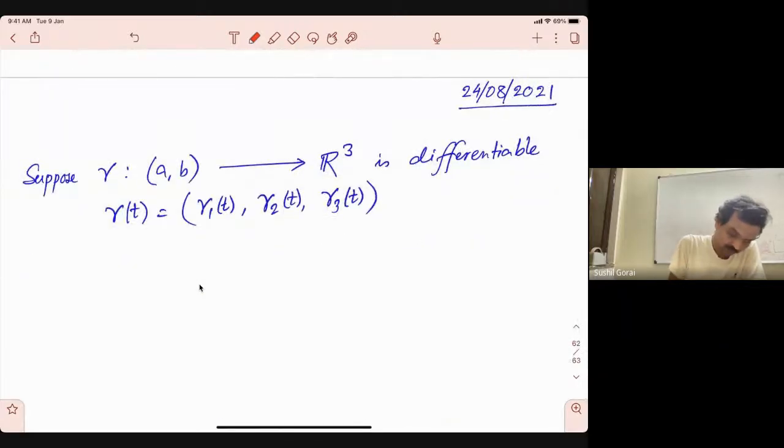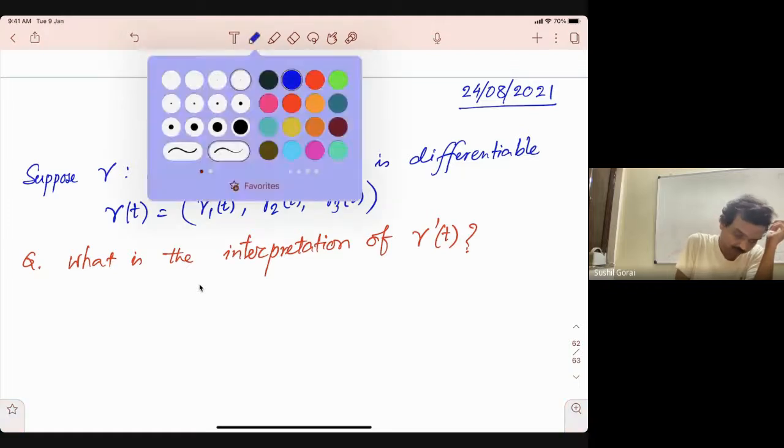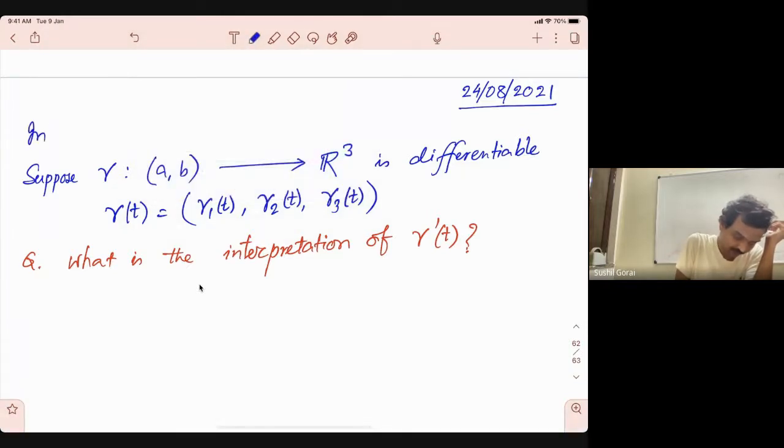So the question is, what is the interpretation of gamma prime t? This bit I call the first interpretation.